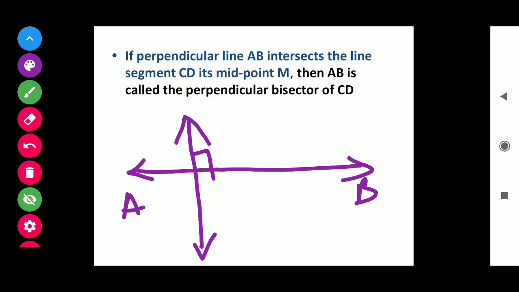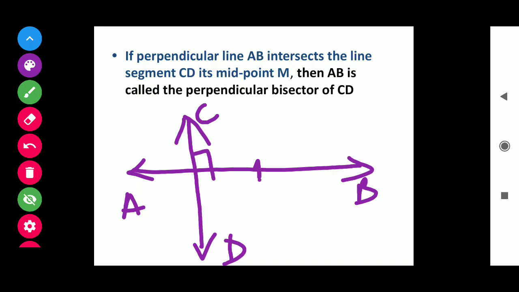Why? Because it is not passing through the midpoint. The midpoint of AB is here and this line CD is not passing through this midpoint. So it is perpendicular, they make a 90-degree angle, but they do not intersect at the midpoint.